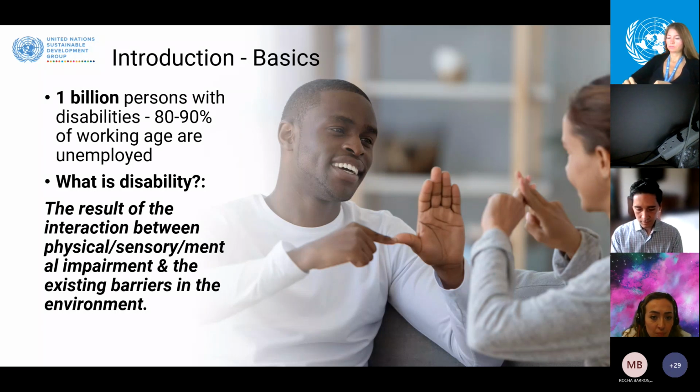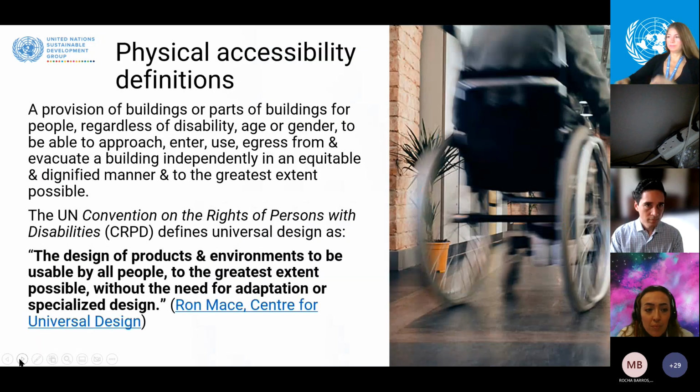And the accessibility continuum, this concept in the CRPD, is describing the experience of children, adults with disabilities, and elder persons with or without disabilities departing from their homes, using pathways, using public transportation, and reaching, entering and using services and facilities on an equitable basis with other persons without disabilities.